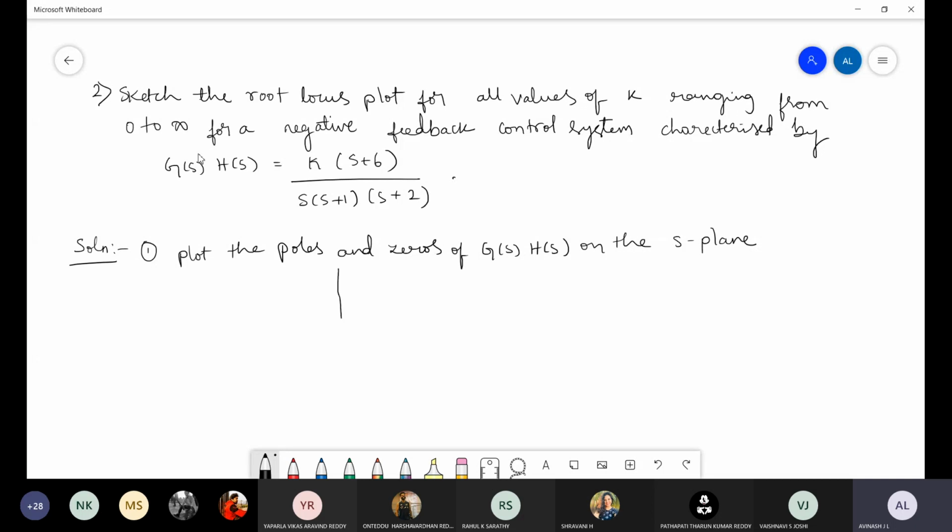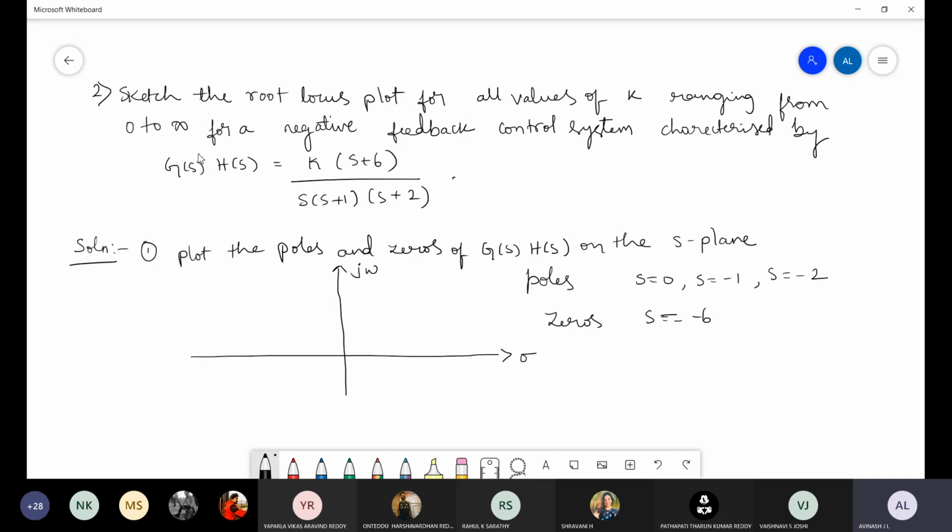So take the s-plane. This particular s-plane is just a representation, because once again we are going to draw it while plotting the root locus. Here, poles are at s = 0, s = -1 and s = -2. For the zeros, you will get s = -6.